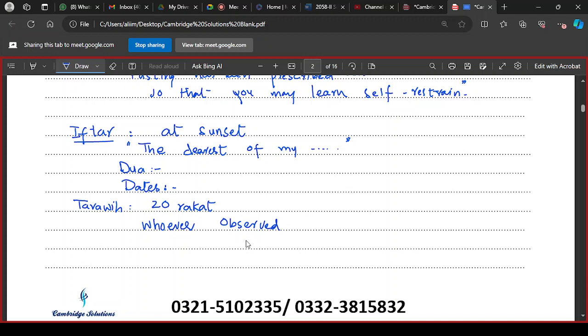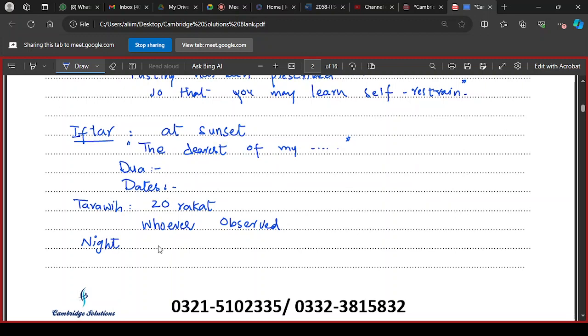Amongst the other practices during this month is seeking Laylatul Qadr, the night of power, the night of blessing from Allah Almighty. According to the Holy Quran, Laylatul Qadr is better than the nights of 1,000 months.